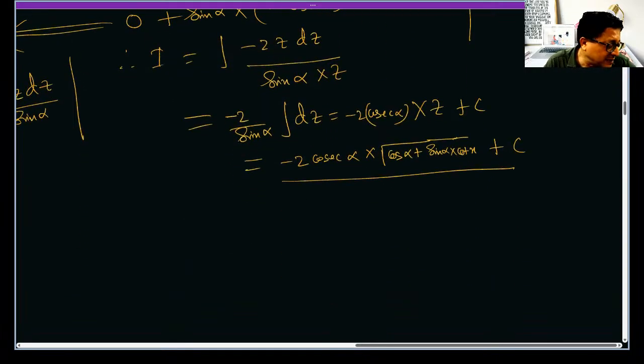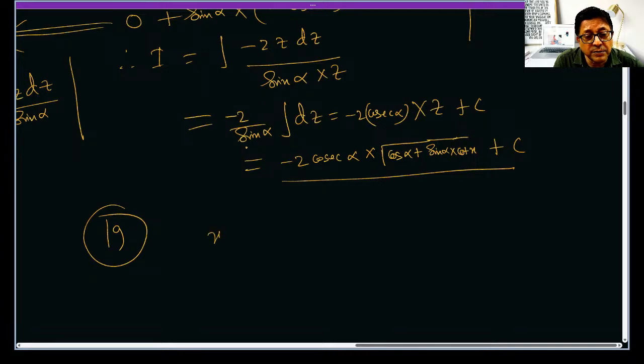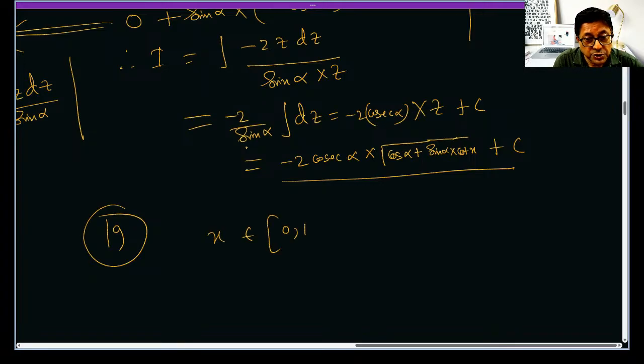How to solve the 19th one? X belongs to (0, 1). So root x also belongs to (0, 1). Square root is a positive quantity. So this implies root x belongs to (0, 1).